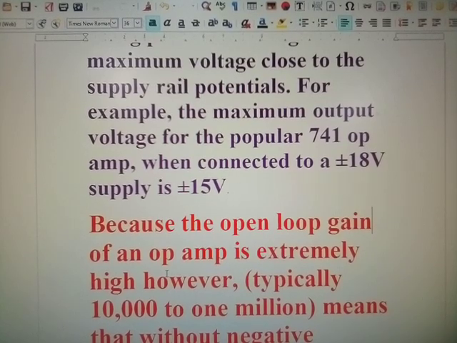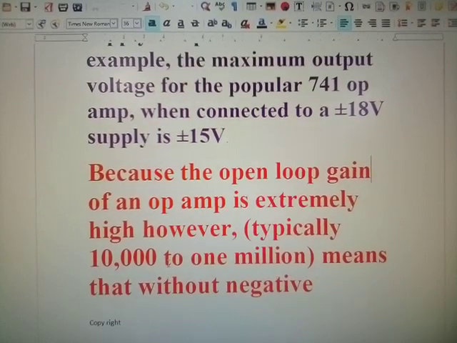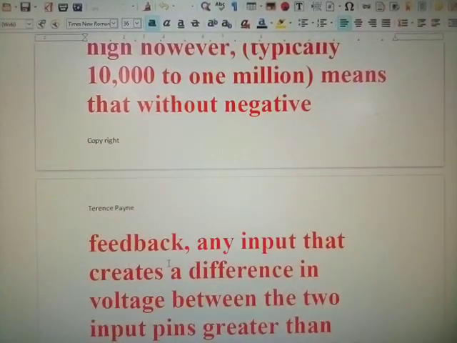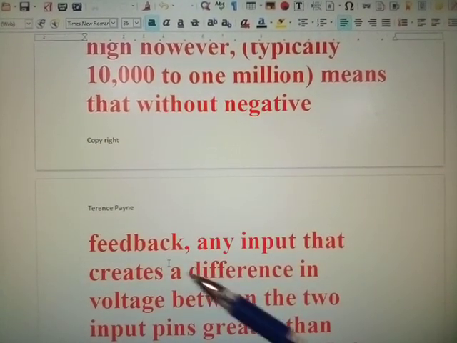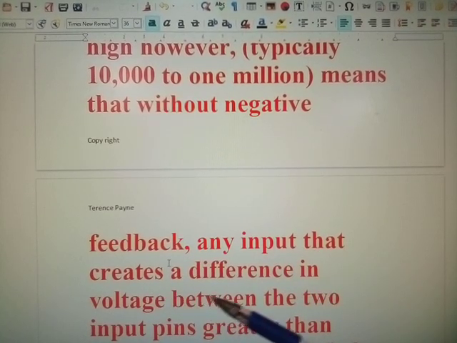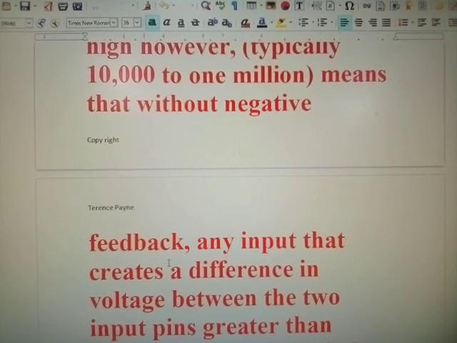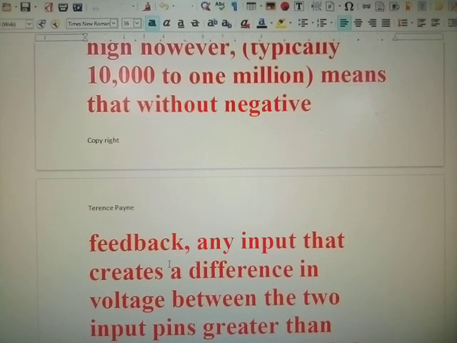It means that without negative feedback, any input that creates a difference in the voltage between the two input pins greater than plus or minus 150 microvolts, that's 150 times 10 to the minus 6, may be amplified.